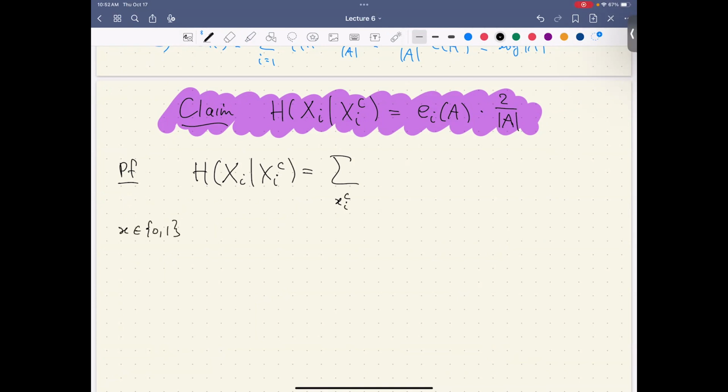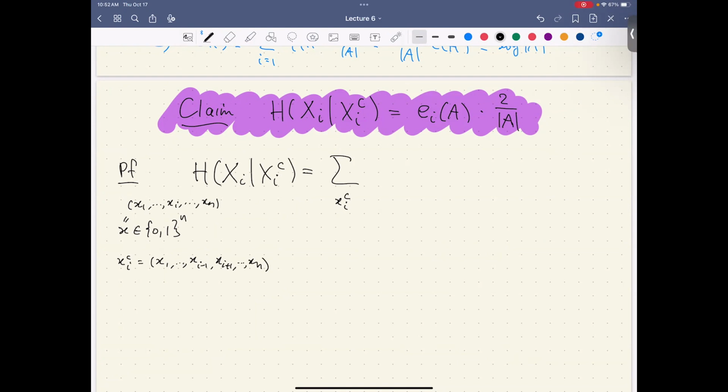If you have a vector of length n, we usually write xi for its ith coordinate. Now I will write xi^c for the vector with the ith coordinate removed.